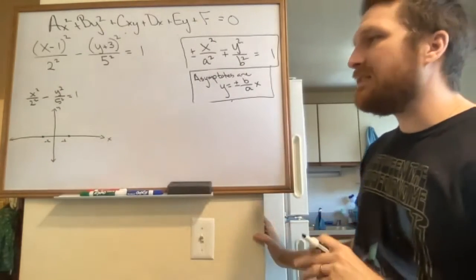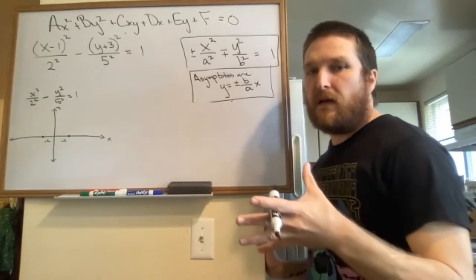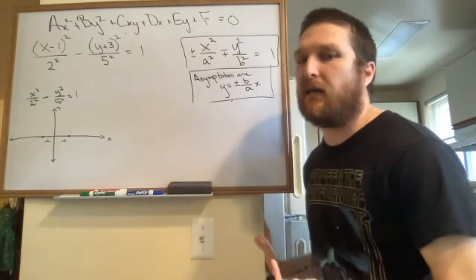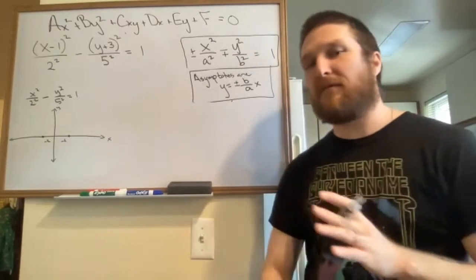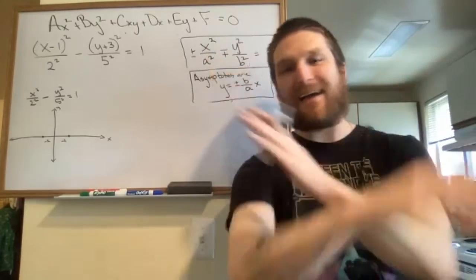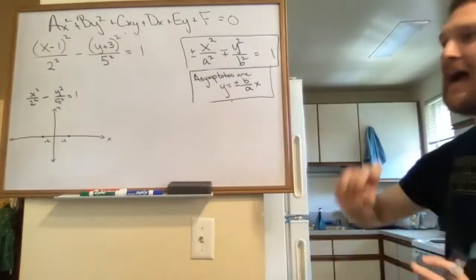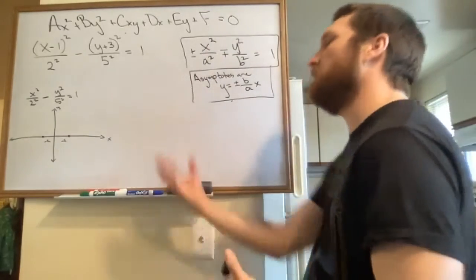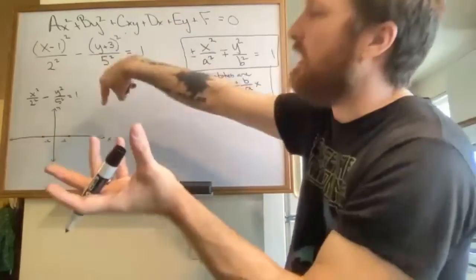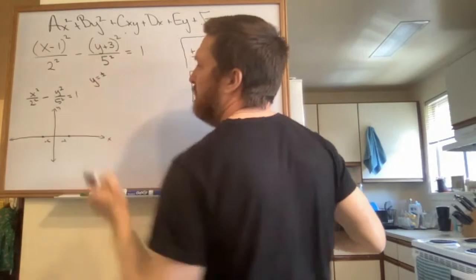Okay. Now it's good to go ahead and draw the asymptotes first. I don't care what it ultimately looks like. So let's find the asymptotes. Whatever's in the denominator of the y is going to show up in the numerator, and we're going to end up with a plus and minus.